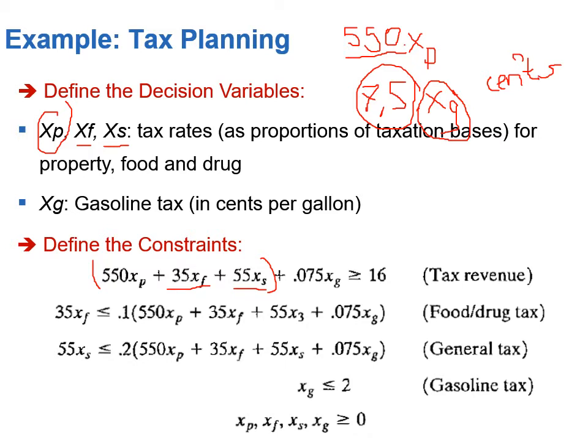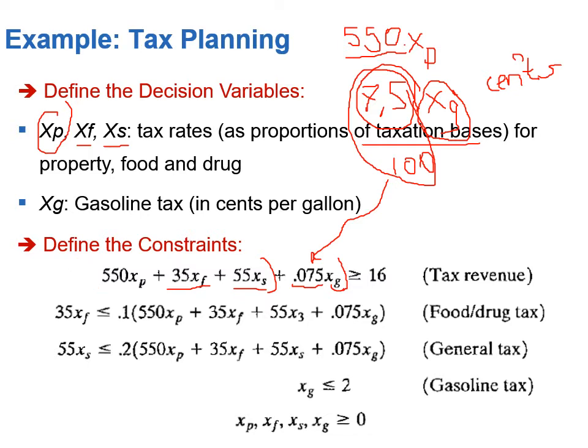Then we need to convert it to dollars, basically by dividing this number by 100. When we do it, we convert from cents to dollars, and this value here, 7.5 divided by 100, gives you this number. So this times XG gives you the dollars that you collect from the gasoline. This total summation here is the total amount that you collect as a tax, and we want this value to be greater than or equal to 16. So this is the first constraint.